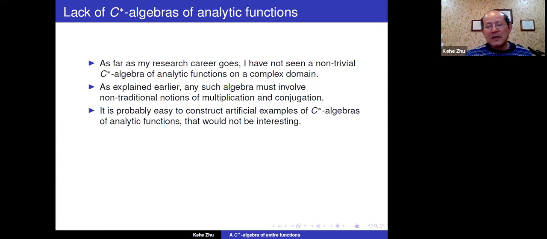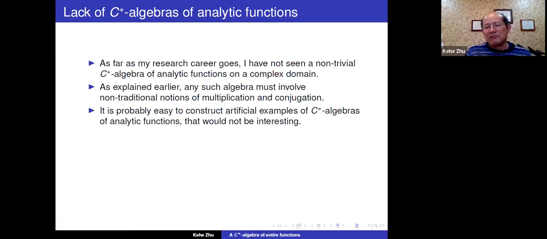So the challenge over here is to come up with an algebra of entire functions with a certain multiplication, not necessarily the usual multiplication, and to come up with a star operation. And if you just want such an algebra, probably there are many artificial ways of doing that.